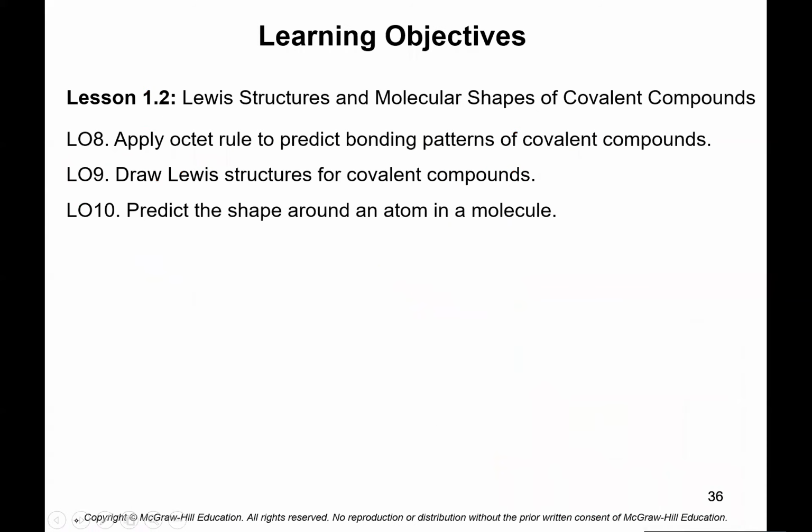All right, so that concludes everything that I wanted to talk about in terms of drawing the Lewis structures, using the octet rule to make sure we bond things correctly, and then also to predict the shape around a particular atom in a molecule. Okay, so depending on how many atoms and lone pairs are bonded, that will determine the shape of your molecule.